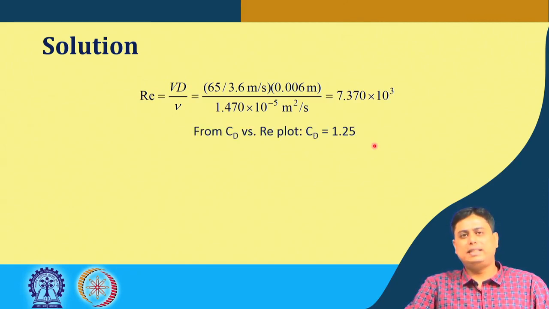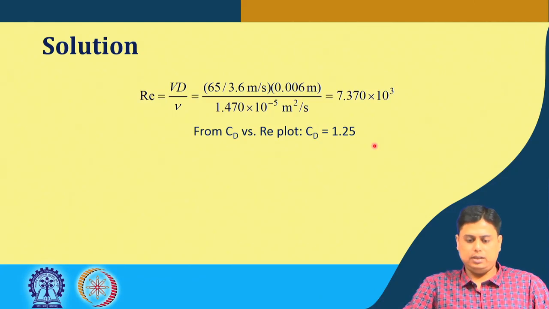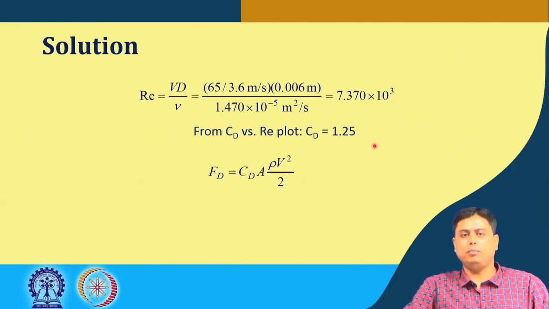Now, the CD versus RE plot: this is basically a cylindrical object, so for flow across a cylindrical object, if we consult the CD versus RE plot or drag line, we find that CD for this particular Reynolds number is 1.25. The rest of the problem is very easy, because we have seen several such examples.